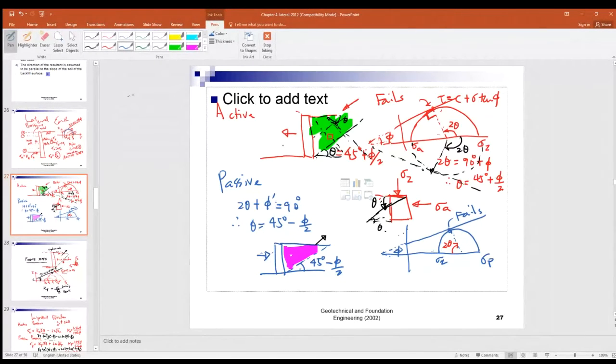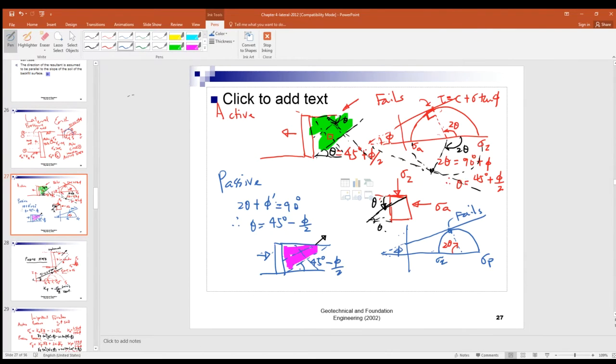So the slipping line, right here, the slipping line. Okay? So the other set of the slipping lines will be completely different, right? Between the passive case and active case. For the active case, 45 plus phi over 2.